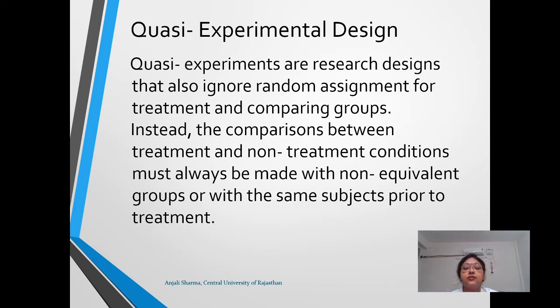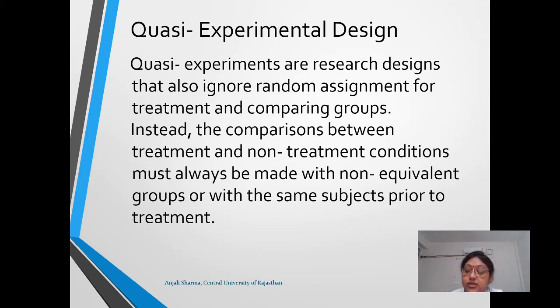So what is the thing that we are going to compare? It means the researcher will not bother about whether the two groups are equivalent or not. But in an experimental condition, it is compulsory that the researcher should consider this thing and should worry about it.